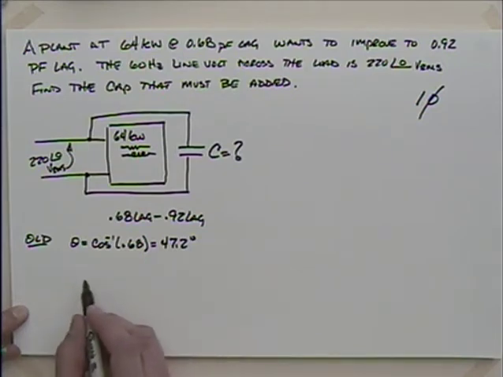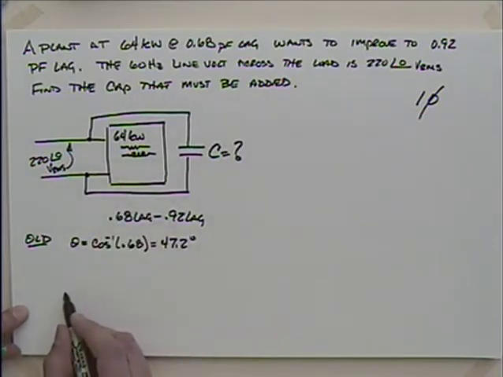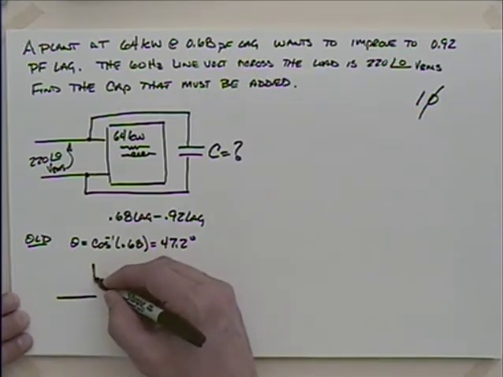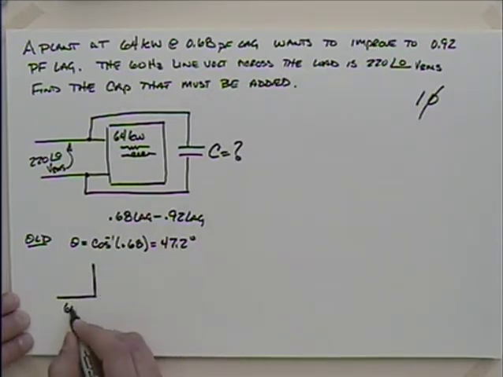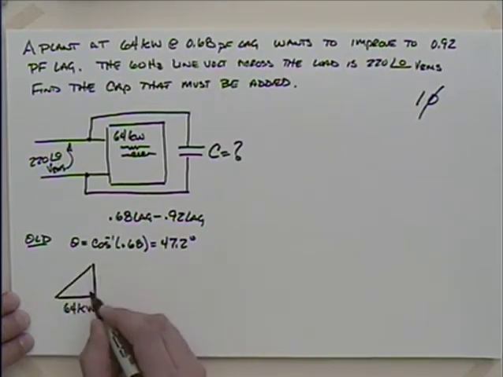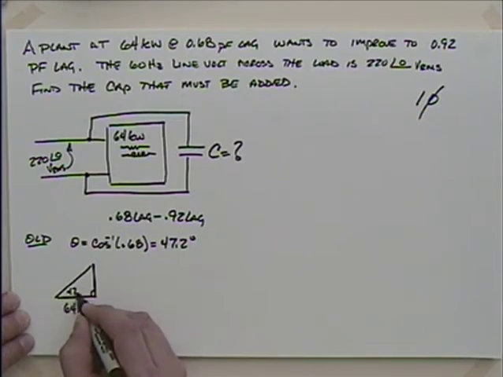Okay, so if I look at this, 64 kilowatts, that's average power, isn't it? So that would be the horizontal portion on this. So I have 64 kilowatts, and I have 47.2 degrees there.